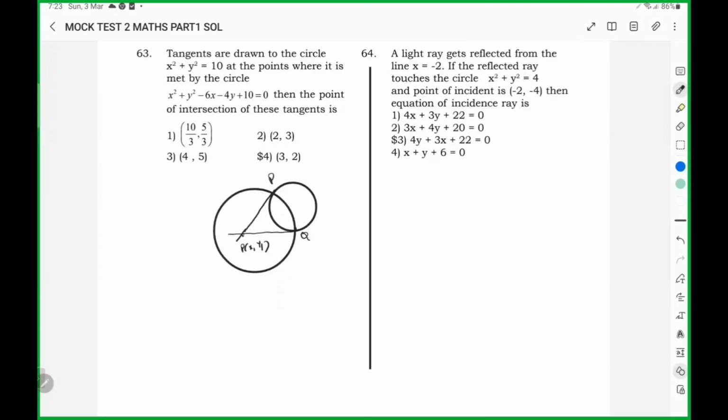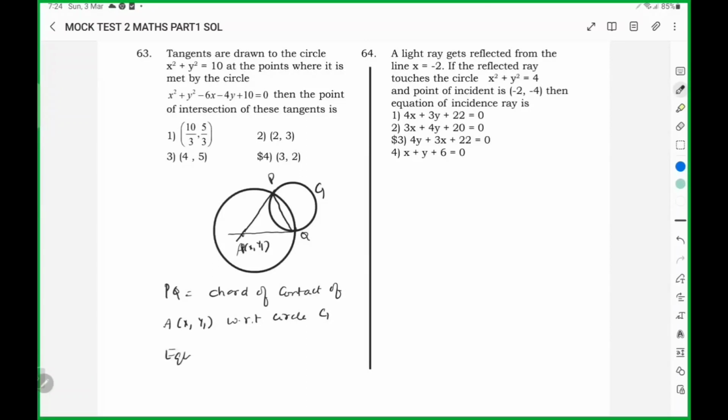So then PQ becomes the chord of contact of x1 y1 with respect to circle C1.